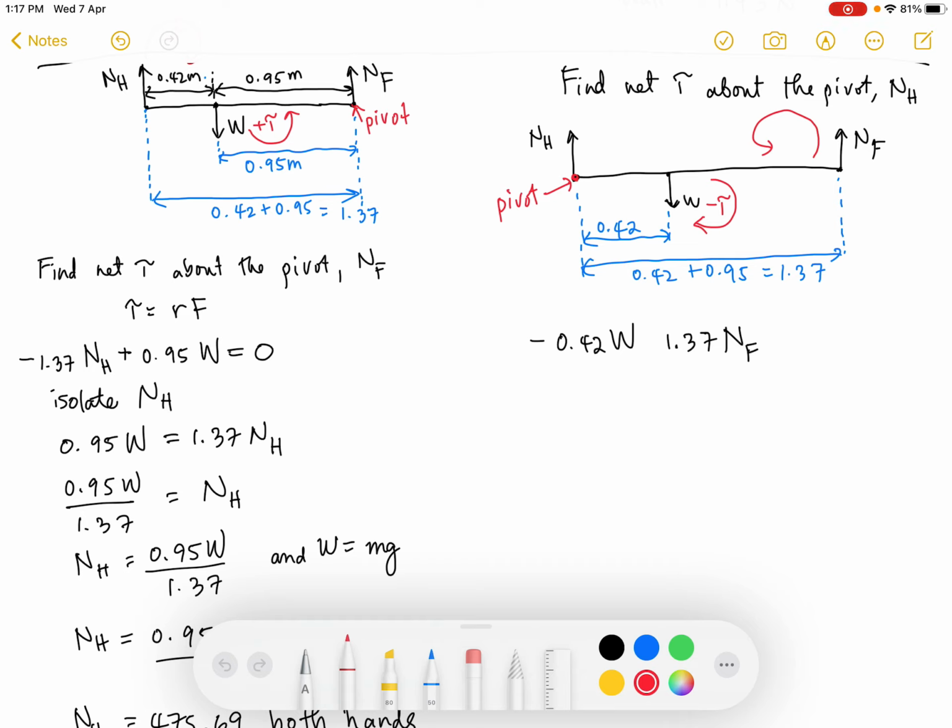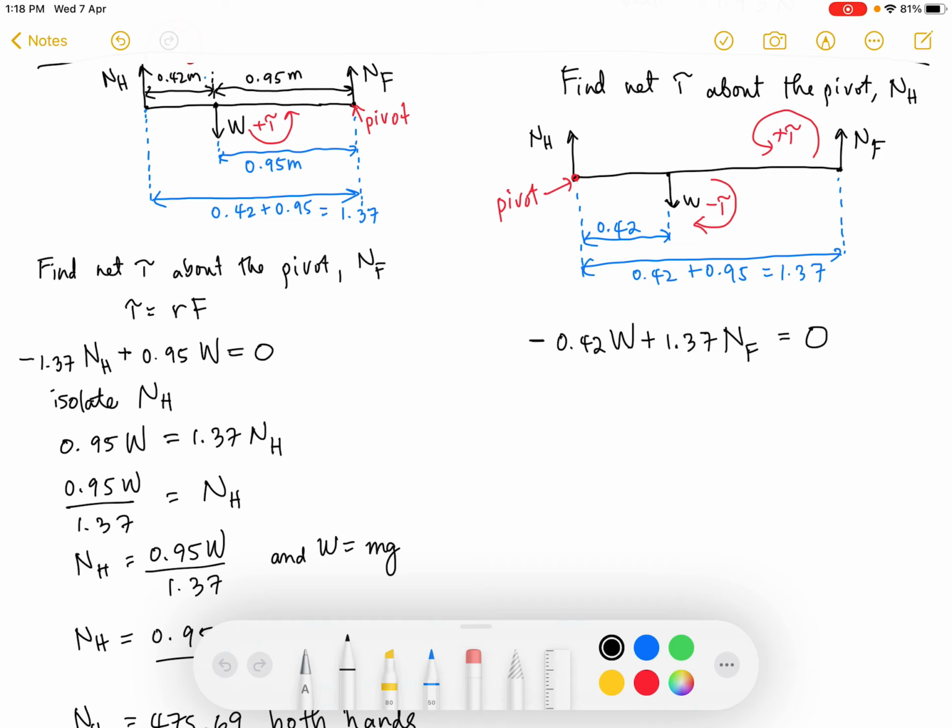So the torque due to NF about the pivot point at NH will be a positive 1.37 times NF. And the torque due to NH will be 0 because we put our pivot point at NH, so the lever arm will be 0. So we only have the torque due to the weight force, which is negative, and the torque due to NF, which is positive, and those two torques add up to 0.